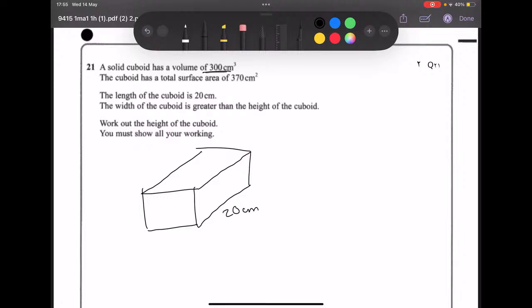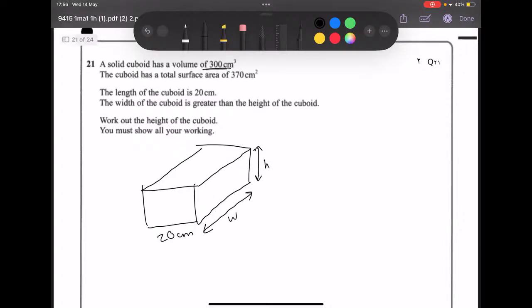The width of the cuboid is greater, therefore the width should be the longer side here. This is the width. The height is here. Now the cuboid has a surface area of 370 and the volume is 300.